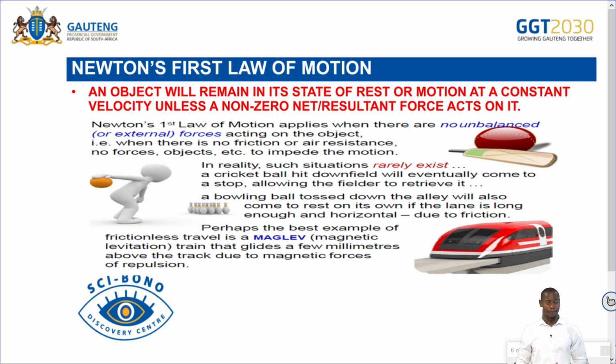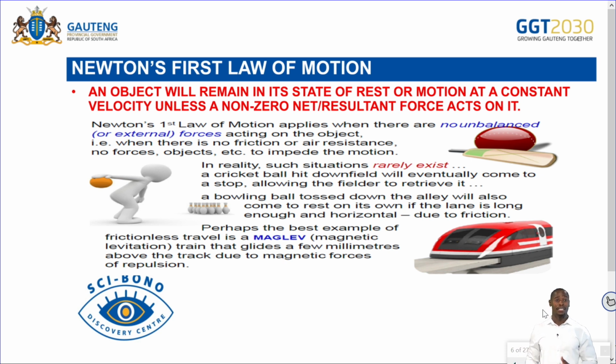Okay, so then again, although it's scarce to have such situations, what we need to know, learners, is that if an object is at rest, it will remain at rest. If an object is moving at a constant velocity, it will remain moving at a constant velocity, unless a non-zero net force acts on it.